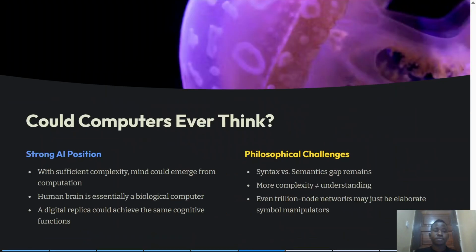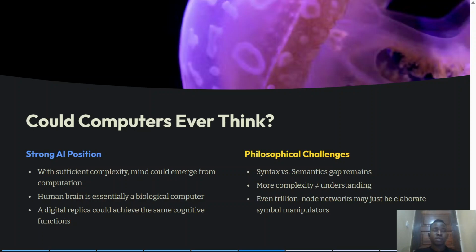So could computers ever think? In the strong AI position, with sufficient complexity, mind could emerge from computation. So if you have high complexity, the mind could emerge from computation. That is how the complexity aspect works here.